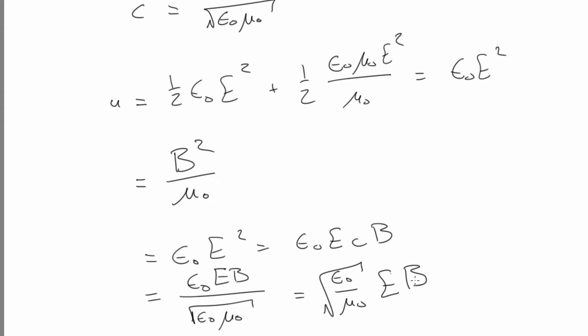So in the end, we have three versions of this equation. This one here is the energy density of the electromagnetic field only in terms of the electric field strength. This one here is the energy density in terms of only the magnetic field strength. And here we have the energy density in terms of both the electric and magnetic field strengths. All three of these equations are valid in any region of space at any instant.